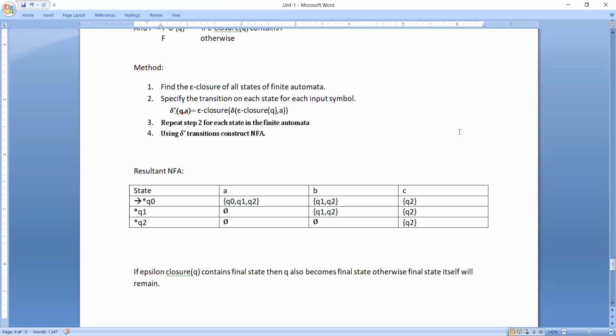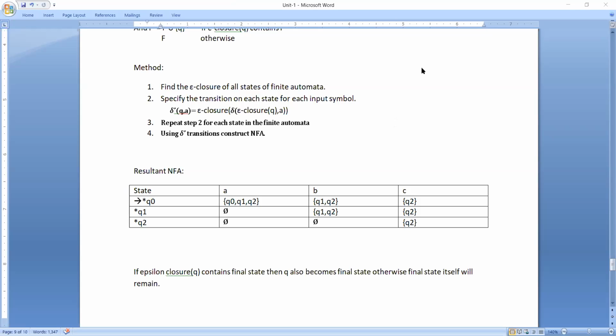I already told you that we are doing the conversion of NFA epsilon to NFA. The only thing we are going to change is that we are trying to find an NFA, that is a non-deterministic finite automata, without any epsilon transitions.